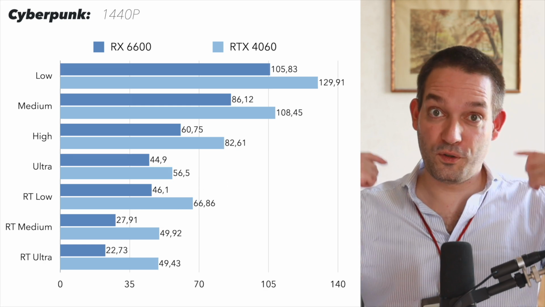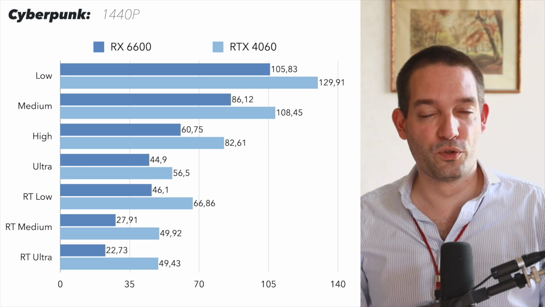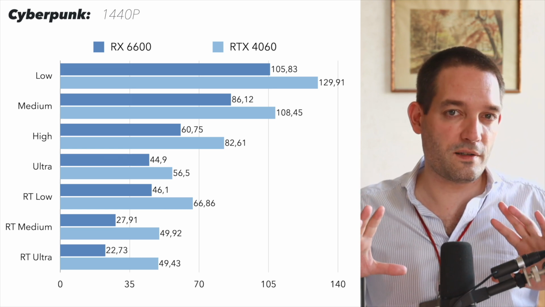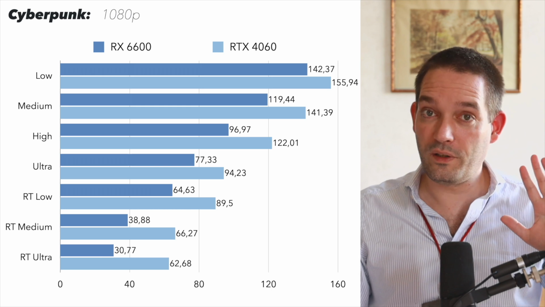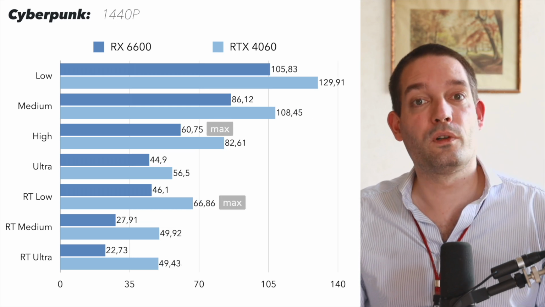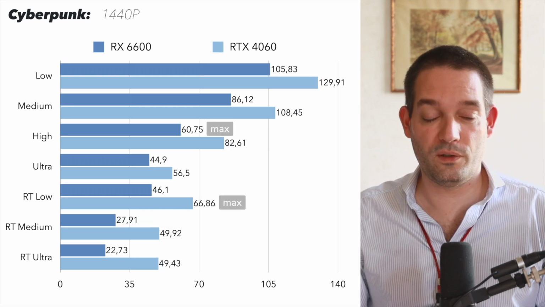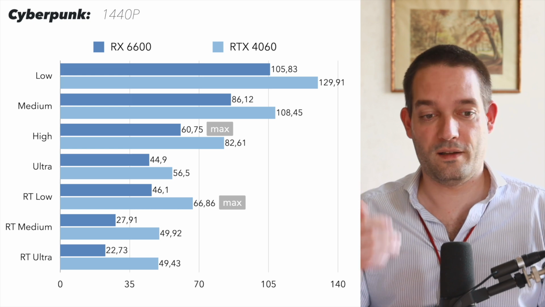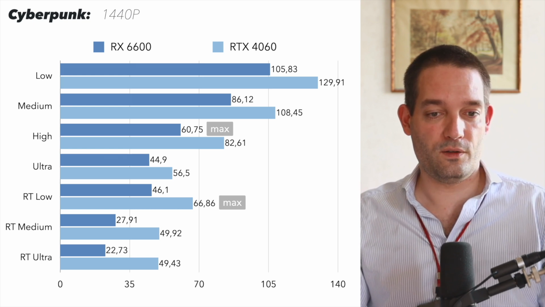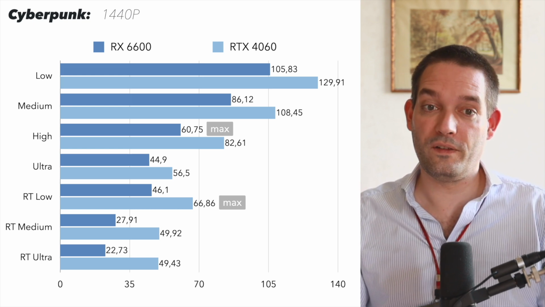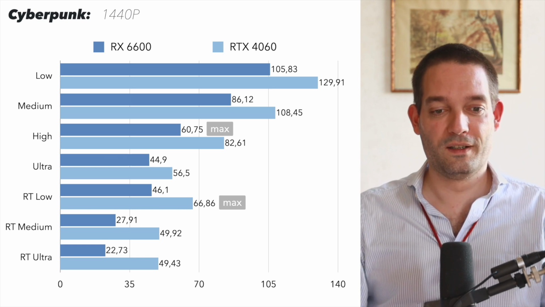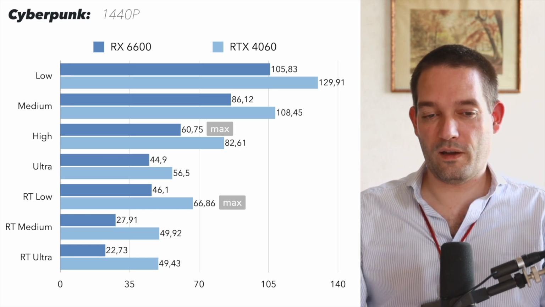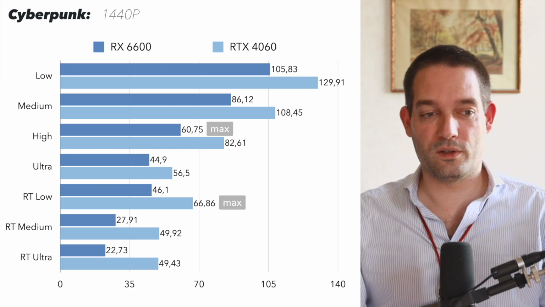And stepping it up one resolution, which is not what the cards are marketed for. They're more marketed for 1080p, but you can also use them for WQHD, the 1440p resolution, which is what I like to use them for. And as you can see, the NVIDIA card, you can even use in a higher resolution, still having an average of 66 frames with ray tracing low.